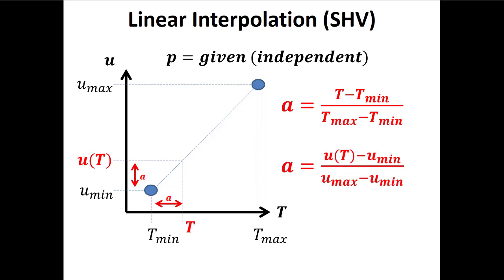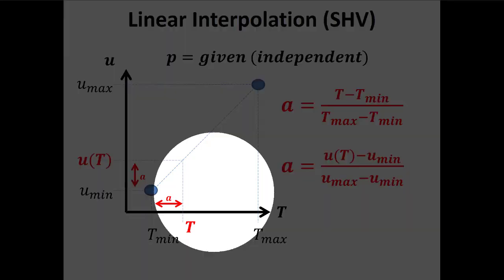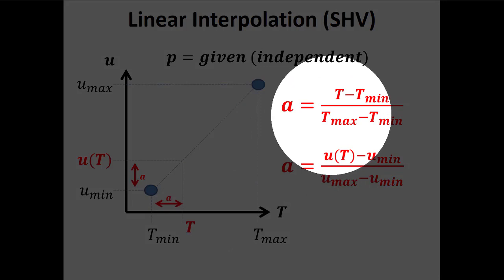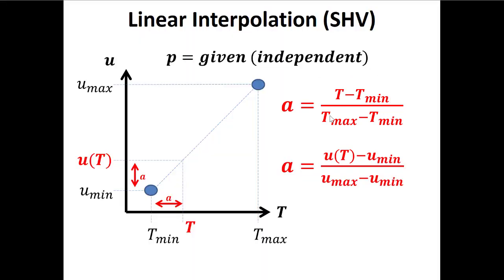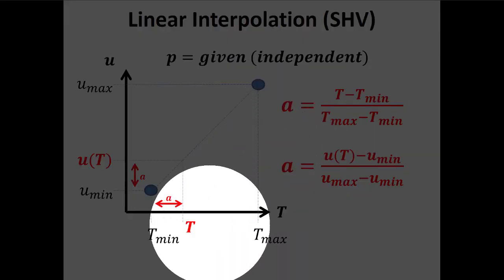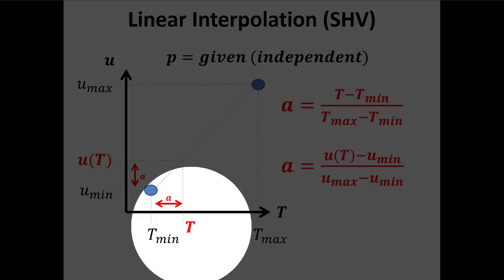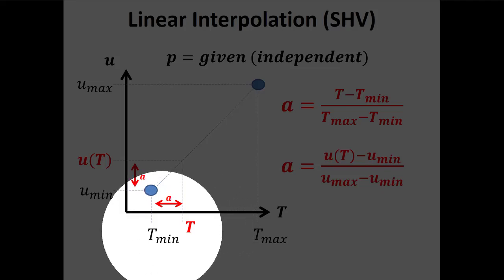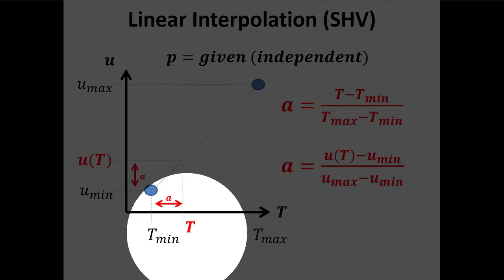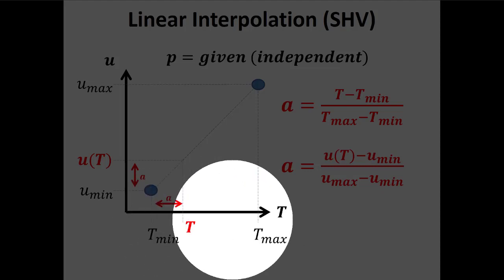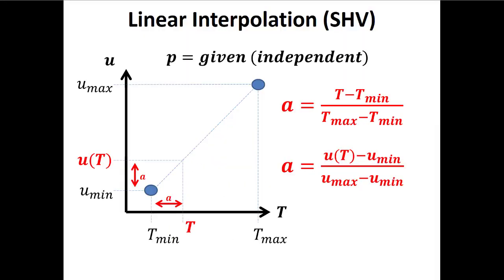So to do that, I'm going to argue that all the time we should determine this interpolation factor A, which is going to be the known variable. In this case, if it was temperature, we'll take the temperature we want minus the minimum temperature on the table, divided by the range of temperature between the rows on my table, and that will give me this factor A, which will range between 0 and 1.